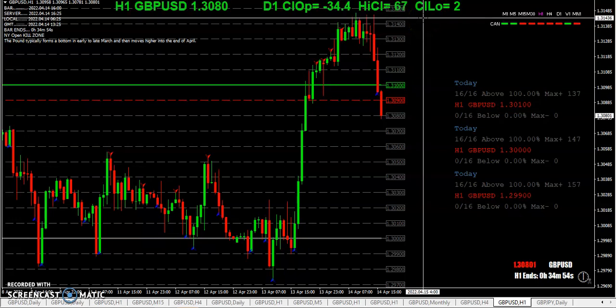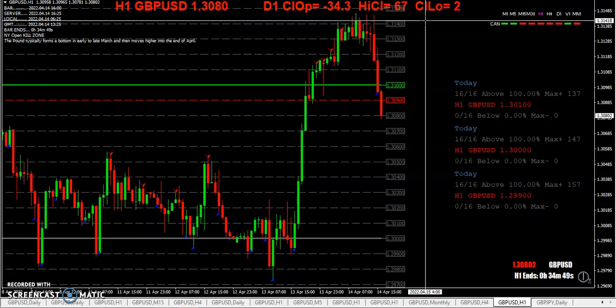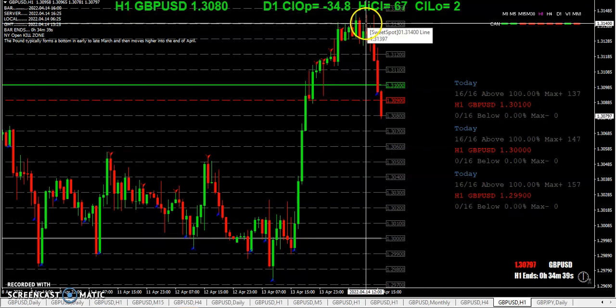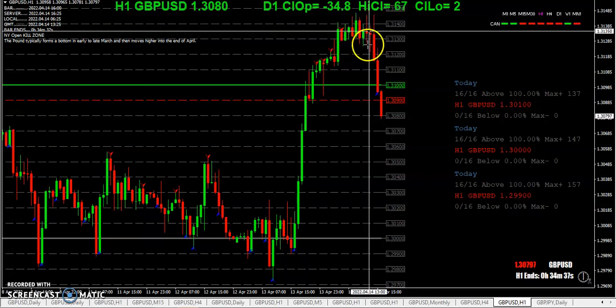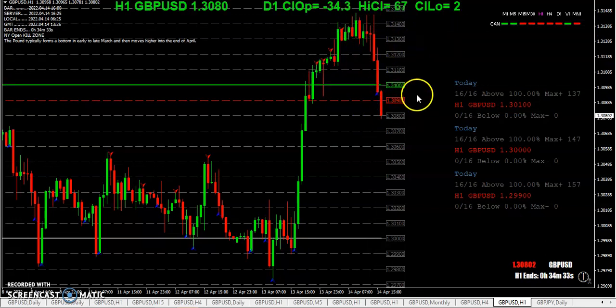So right there's that horizontal line. Price failed. It went above it and then dropped back below it. And you can see here the first time you had an opportunity to take over 10 pips. This second time, it just kind of paid off like a slot machine.